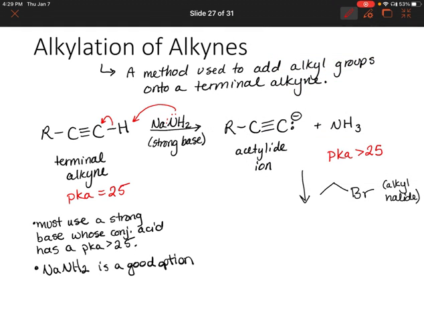So the negative charge, or the lone pair on carbon in our acetylide ion, is going to be attracted to the partial positive charge on the carbon next to the leaving group on the alkyl halide. And then the leaving group will leave. So this is SN2.